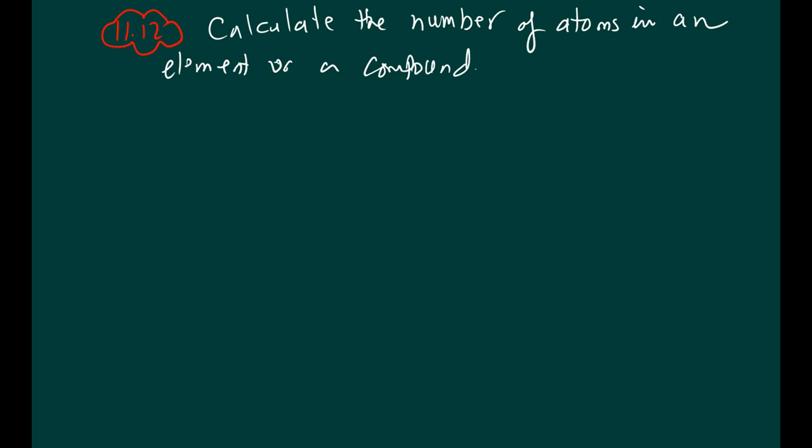What is the formula that we'll be using? You are going to use a formula which says that number of atoms equals N, referring to the number of moles, times atomicity times Avogadro's number.